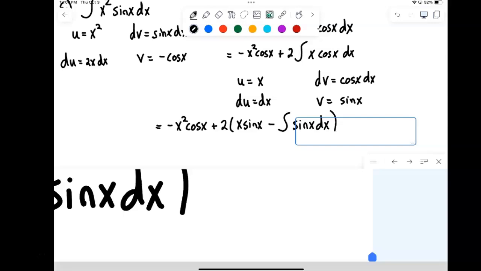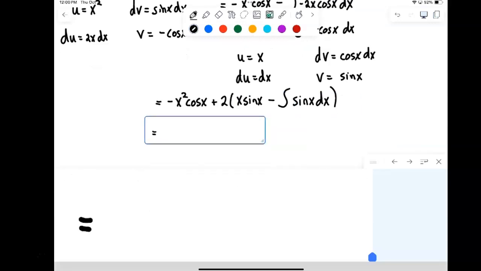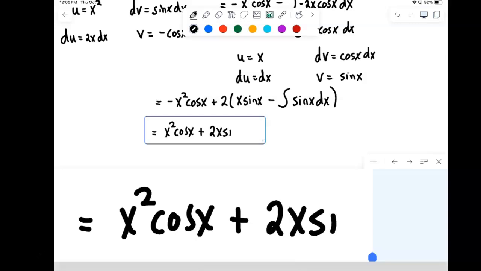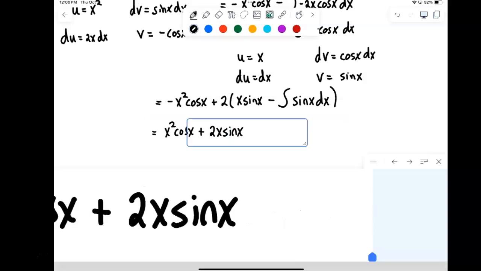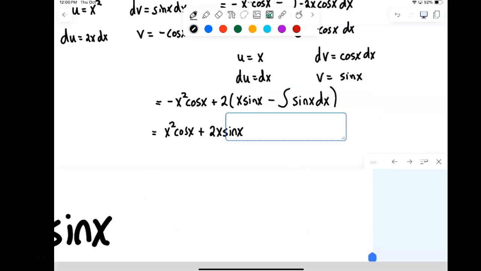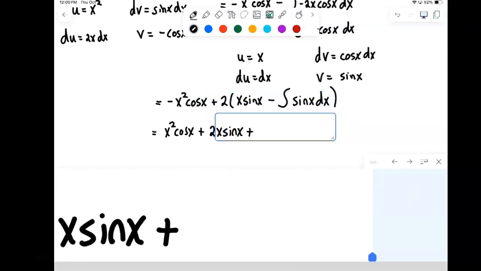All right, and then we simplify. So we're going to have negative x squared cosine x plus 2x sine x, and then the integral of sine is negative cosine, so with the minus sign that's going to be plus cosine, and that's also multiplied by the 2.